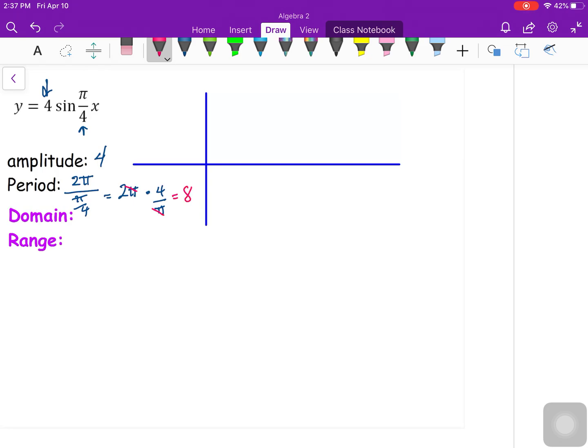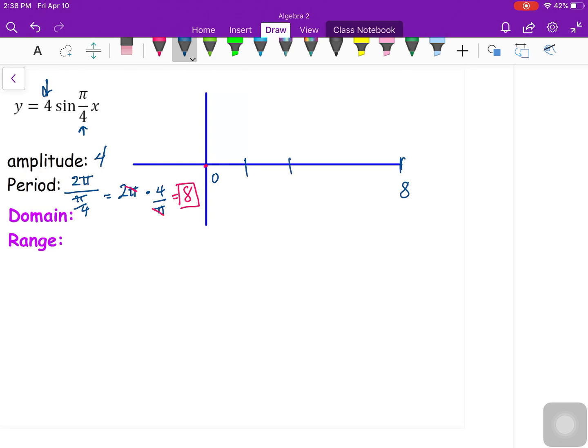Pi's reduce, and I get a period of 8. So this was my 0. Let's see, 2 pi is 6.28, so we'll just say 8 was here.